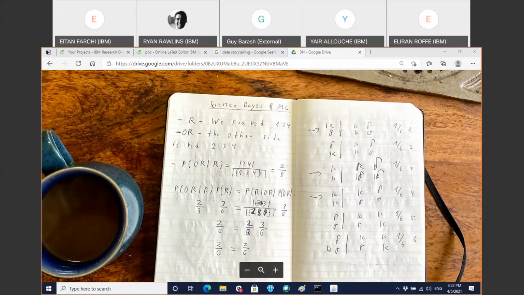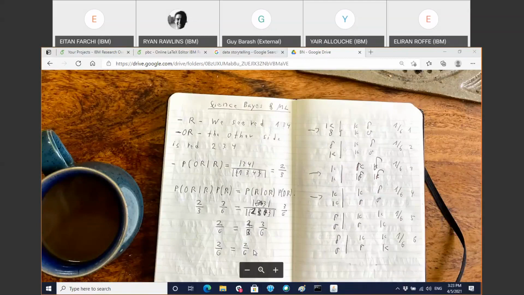That occurs in the second line, third line, fourth line. Out of them, the third line and fourth line are the cases where the other side is red. So this is 2/3, and we see that these two are equal.